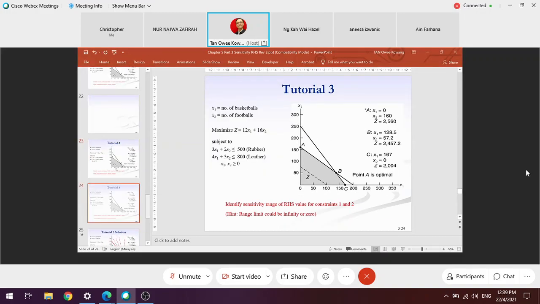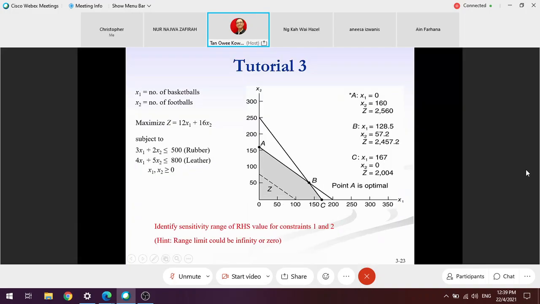If you refer to the example that I discussed in the class, the optimum point was B. In this question, the optimum point is A. In the class example, the optimum solution is B. Therefore, we are changing the intercept at x1 and x2 based on point B.